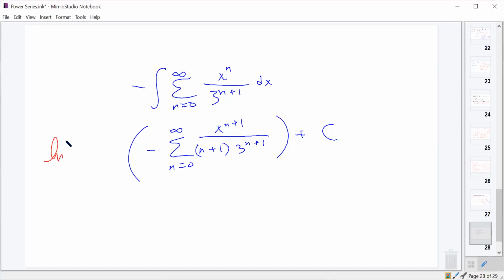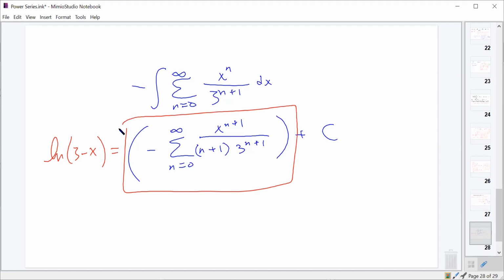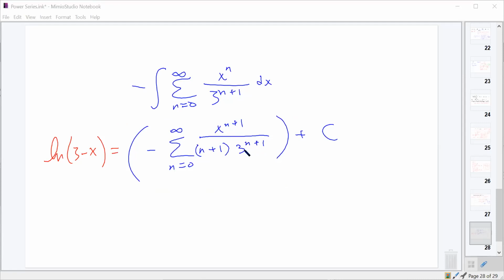We can say the natural log of 3 minus x is equal to this. So we need to find a value of x that we know this thing's value at. If we plug in 2, 2 to the n plus 1 over n plus 1 times 3 to the n plus 1, we may not know the value of that so easily. So what's a value of x that I could plug in here that makes it really easy to evaluate? Even 1 is still a little bit difficult. 0, yeah, 0 is a good choice.